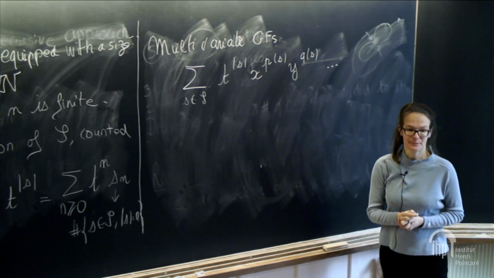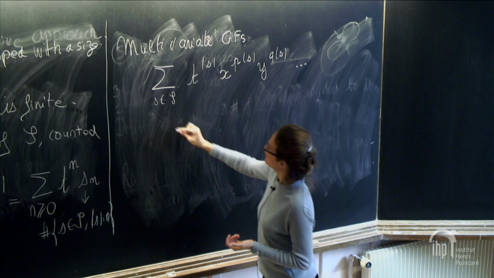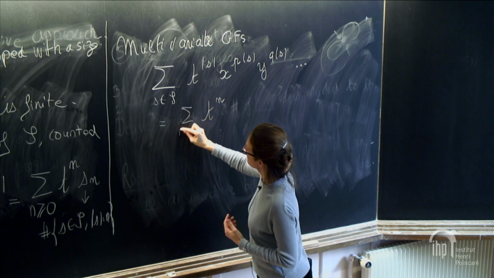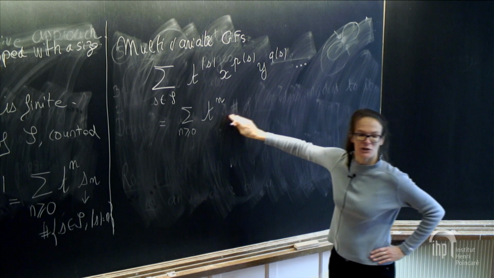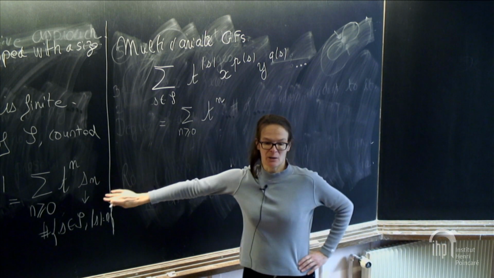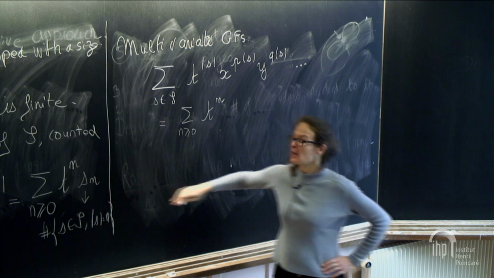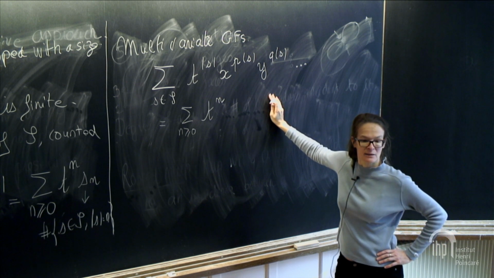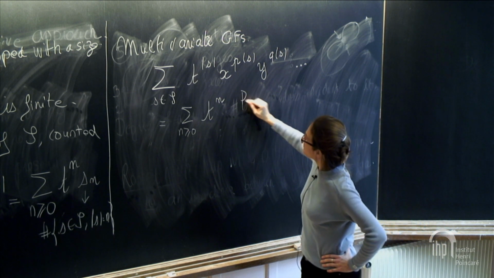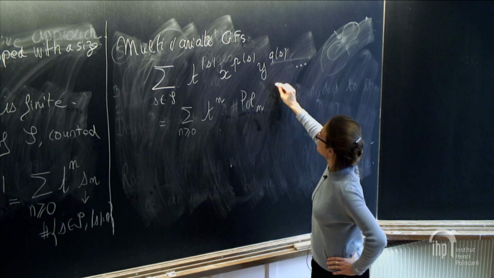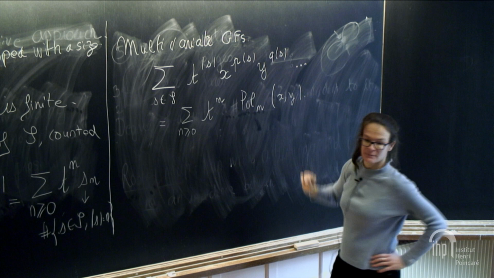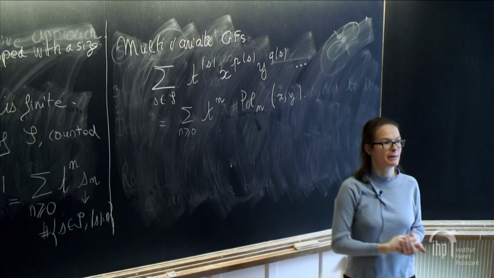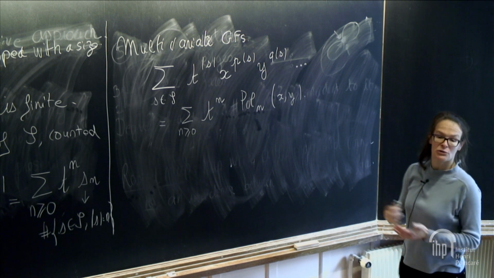And so in this setting, and that's important, the coefficient of t to the n, which used to be some integer, is now counting objects of size n according to two more statistics. And what you'll have here is a polynomial depending on n in x and y, for instance, if you count maps by edges and root degree or whatnot.